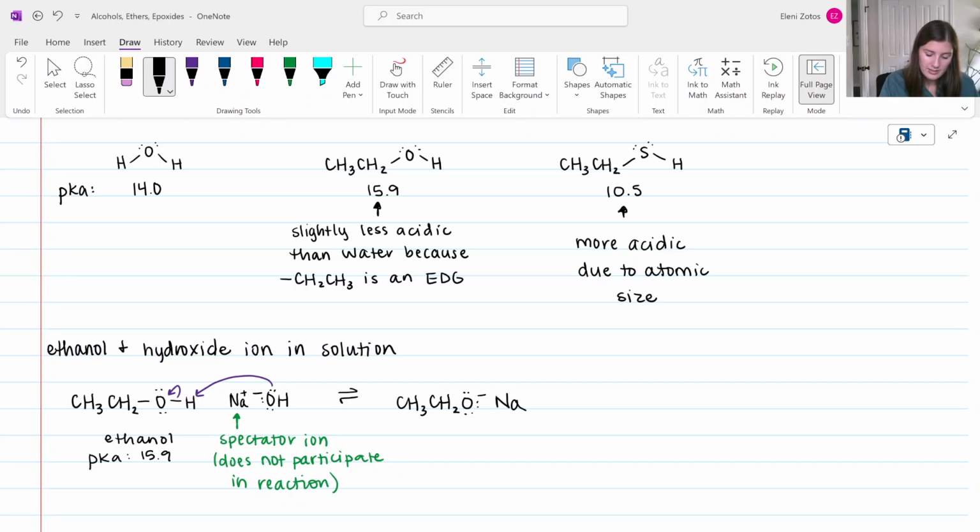Now we can write in sodium to balance out that charge. And then we have water. The water is our conjugate acid. The pKa of water is 14.0.